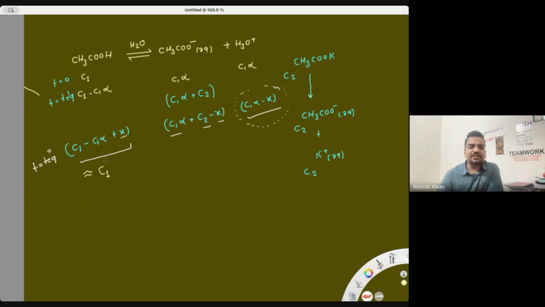C1 alpha is a very small number and X is even smaller than that. Let's say C1 was 100. C1 alpha will be like 1 and X will be even smaller, let's say 0.5. So 100 minus 1 plus 0.5, you get 99.5, right? So C1 alpha is very small in comparison to C1 and X is even smaller than C1 alpha.